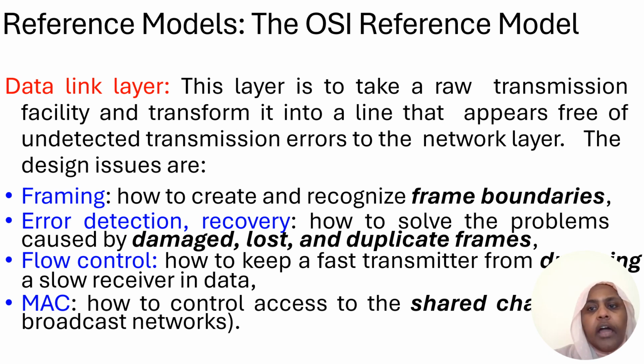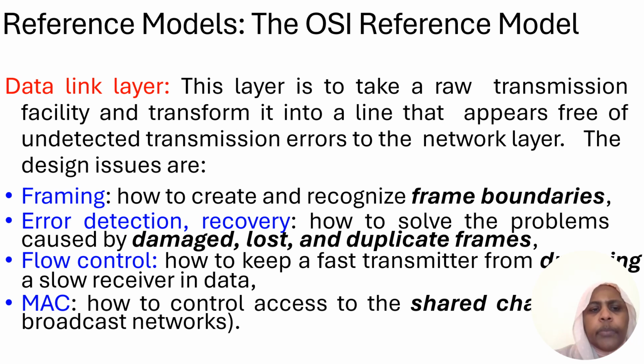Data link layer, on the other hand, deals with raw transmission from the physical layer and formatting frames, that's to say data units, with recognized frame boundaries to transmit it to upper layers.